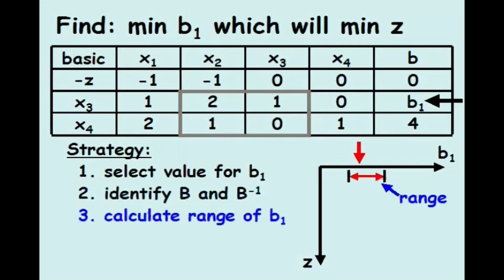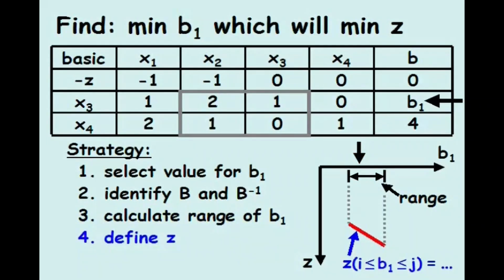Step 3 is to calculate the range of B1 values for which the basis B is feasible. And the fourth step is to define the objective function value, Z, for that specific range of B1.